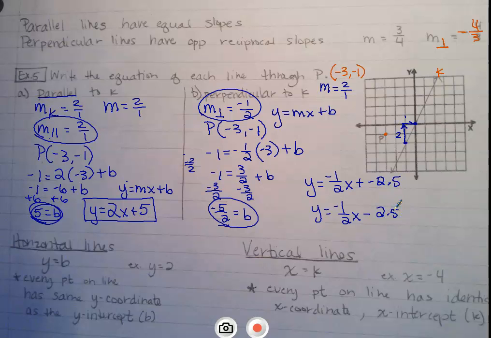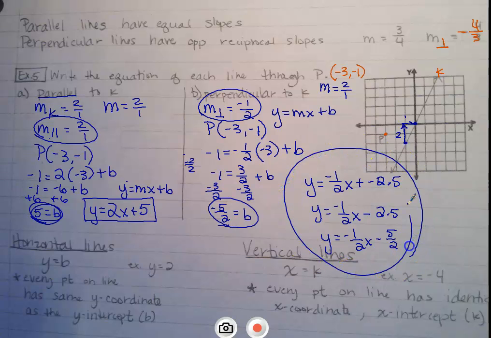You don't have to have the plus and negative. Or you could have y equals negative 1/2 x minus 5 over 2, or plus a negative 5 over 2. Any and all of these are correct and equivalent.